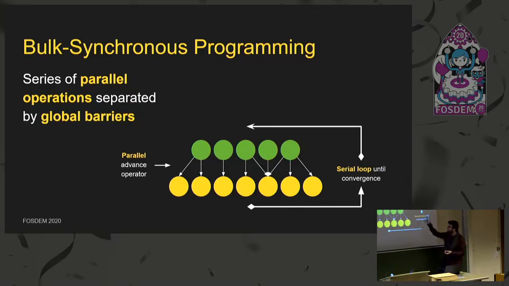And then you run this in a serial loop. After every operator runs, there's a synchronization call. That synchronizes the entire data flow and makes that knowledge available to every processing unit, or whatever you want to call a CUDA core. And then all of this runs in a serial loop until your algorithm converges.